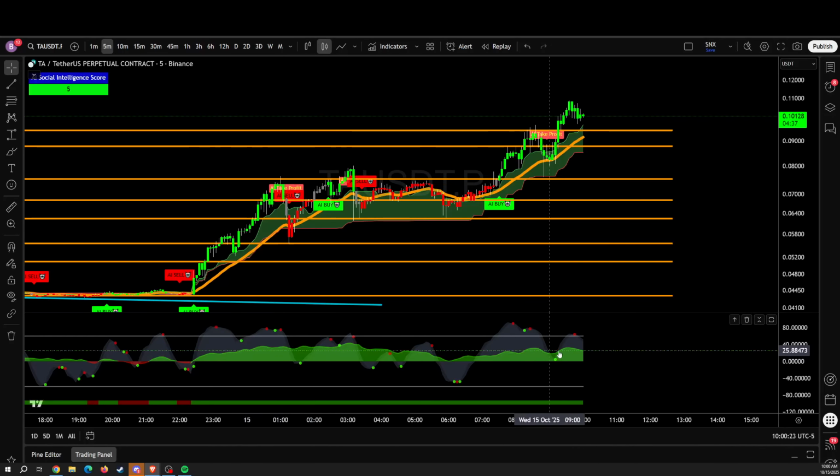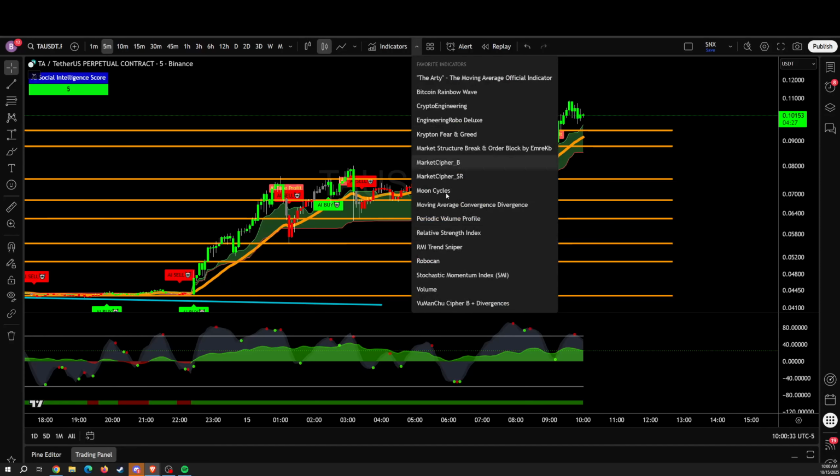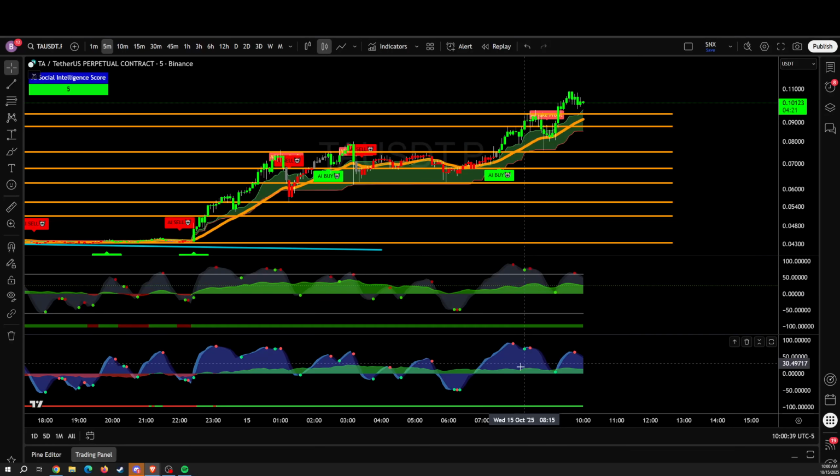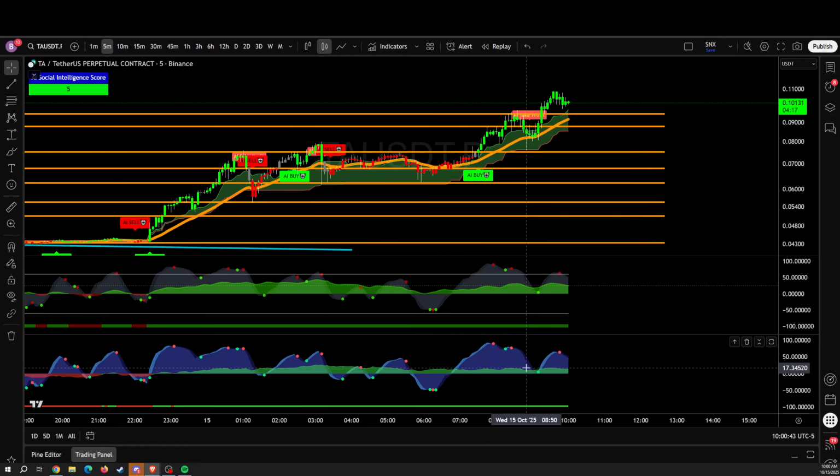You can also use a money flow indicator. This one's a paid one called Market Cipher, but I told you about one recently called Fu Manchu Cipher B plus divergences. It looks exactly the same, it's just that the thickness of the money flow is not as big. When this thing turns red, you should also see Engineering Robo start to turn red.